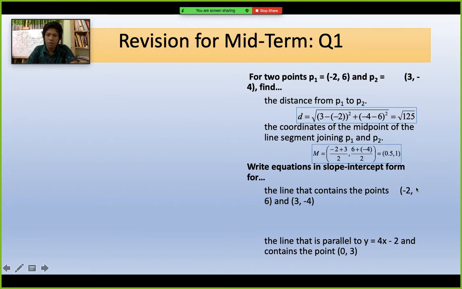Then for the midpoint, our main idea is to add both x coordinates of the points, like minus 2 plus 3, then divide by 2, because we are trying to find the middle of the points. You can think of it as a concept from real life also.